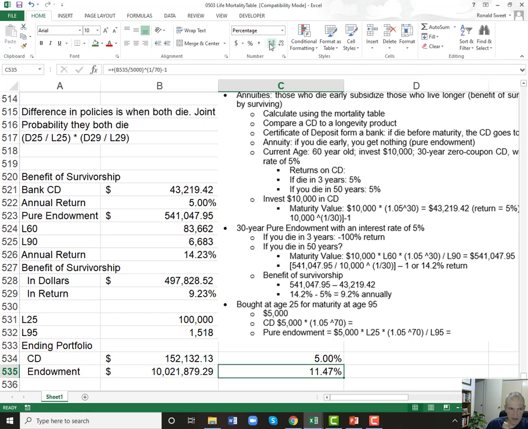So just think about this. The 25-year-old doesn't make as much sense as a 60-year-old, but you've got a bunch of 60-year-olds who are not prepared for retirement. They're going to run out of money if they make it to age 90. So you have this product that if they're living at age 90, they'll get $500,000. If they don't make it to age 90, they get nothing, but they only have to invest $10,000. So let's say they have $300,000 in their portfolio. They take $10,000 of it and invest in this product.